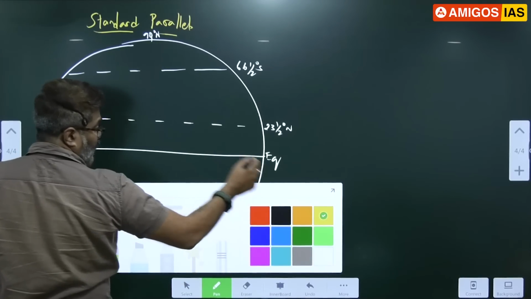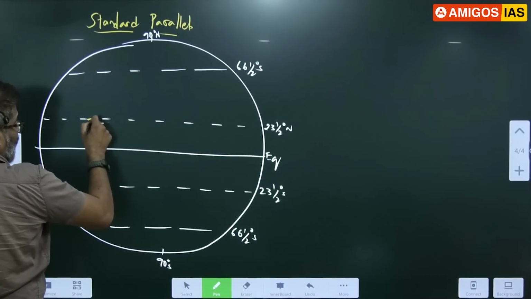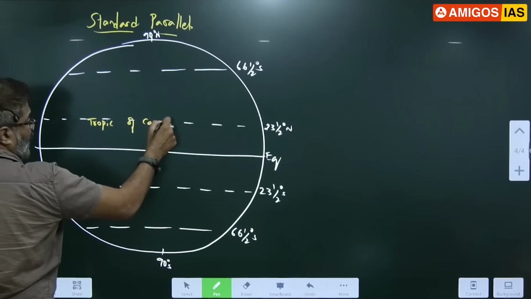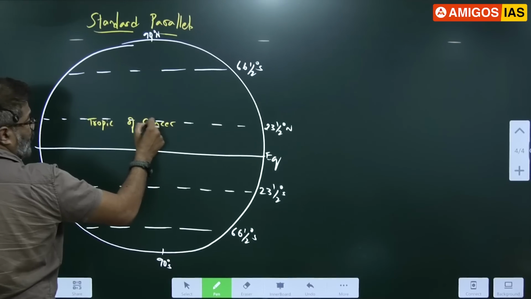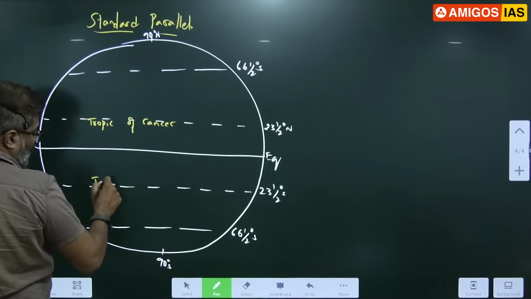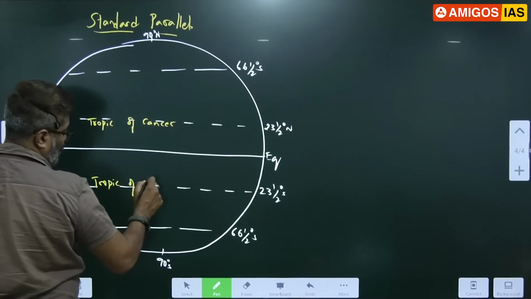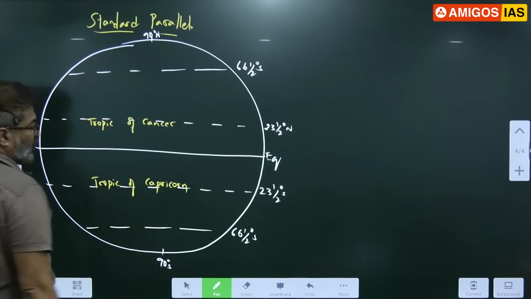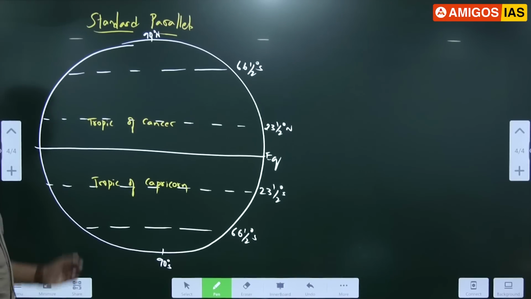All of you see here, this line is called the Tropic of Cancer, capital C. This is called the Tropic of Capricorn.